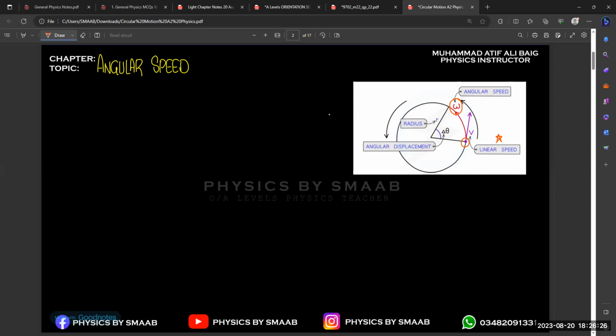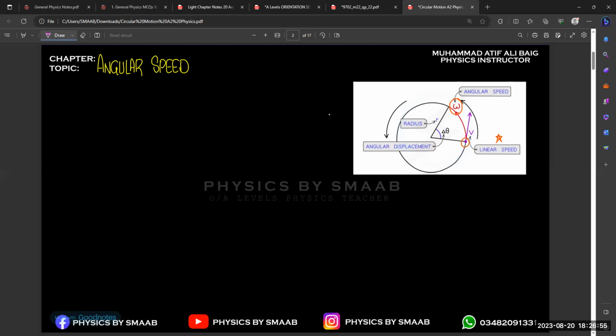In which direction will that object move? It will always move in a straight line that is always tangent to the circle, right? In this direction. It will always be tangent to the circle, right?